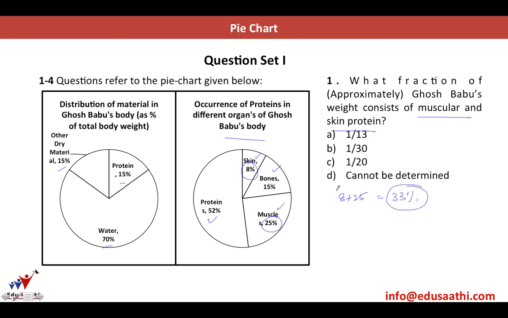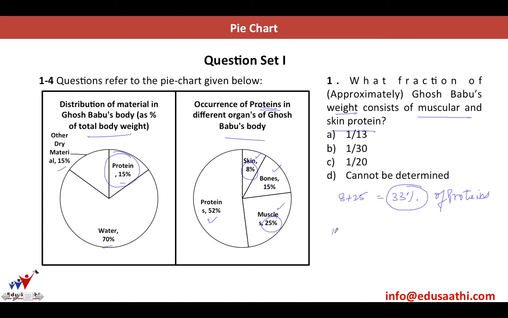Now 33% of the proteins in the body, as this second graph tells us the occurrence of proteins in different organs of Ghosh Babu's body. So when I have to find out the fraction of Ghosh Babu's weight, I know that protein is only 15% of the total body weight.